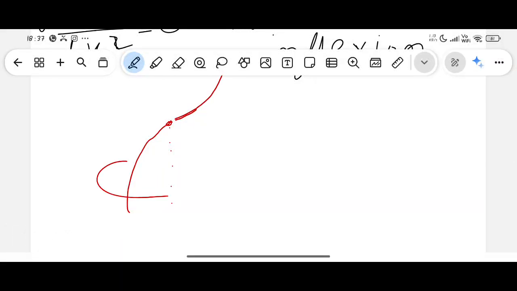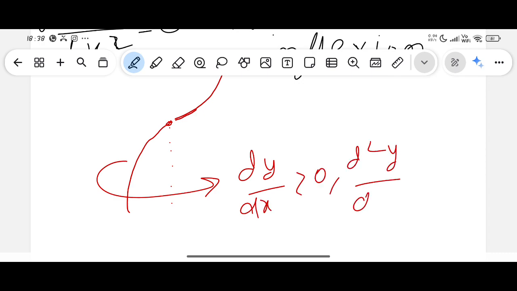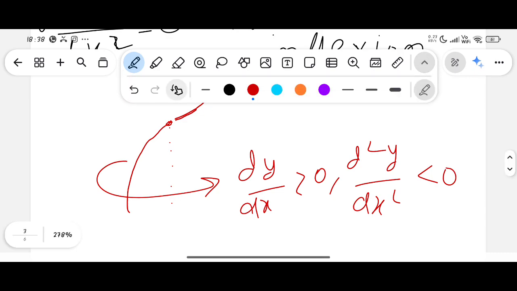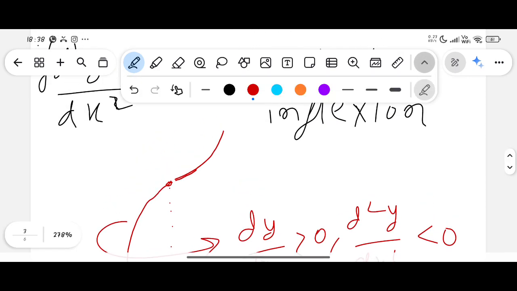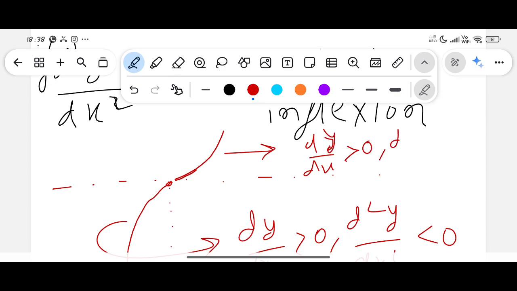This part is where dy/dx is greater than 0 and d2y/dx2 is less than 0, and this part is where dy/dx is greater than 0 and d2y/dx2 is also greater than 0.